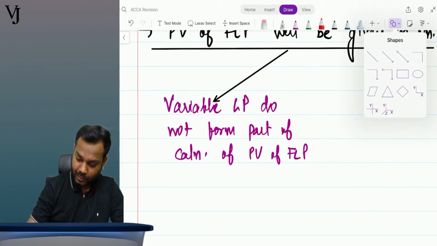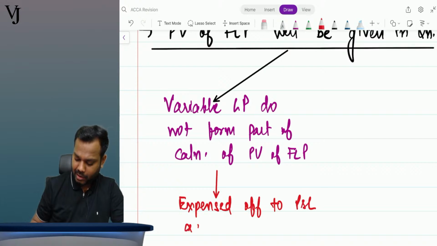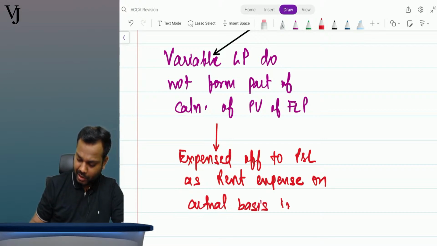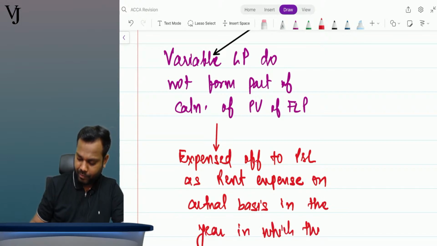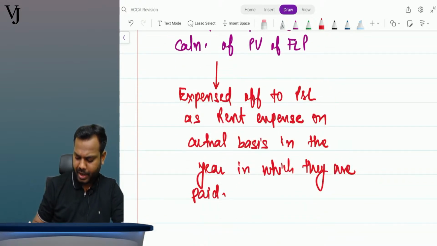Rather, they are required to be expensed off to P&L as rent expense on an actual basis in the year in which they are paid.